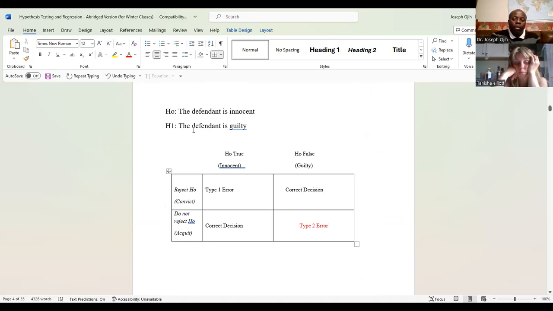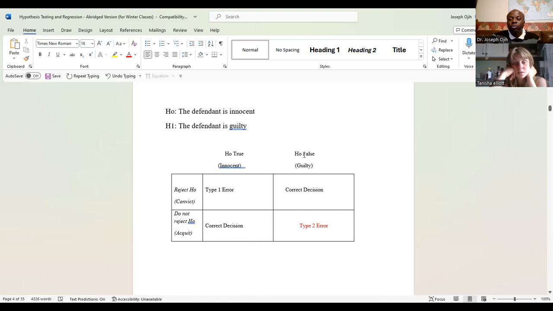So we normally state the 2 hypotheses, H0 and H1. One of them will be a claim. Like if your claim is in the H0 that the defendant is innocent, and that means H0 is true, and you reject it, that means you convict the defendant. You have committed an error.